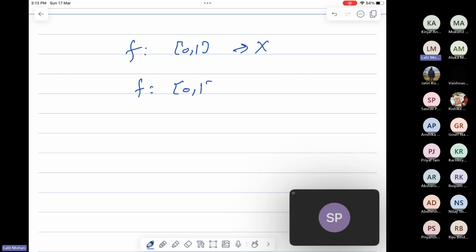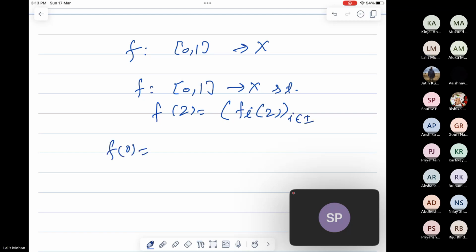So we will define f from [0,1] to X such that f(z) is (f_i(z)) where i belongs to I. You can easily show that this is continuous because each f_i is continuous, using the coordinate-wise argument. Now what is f(0)?